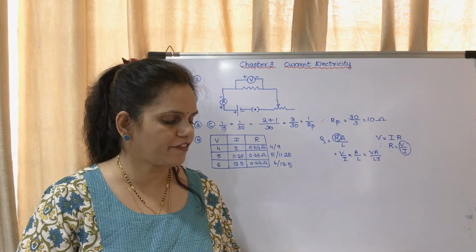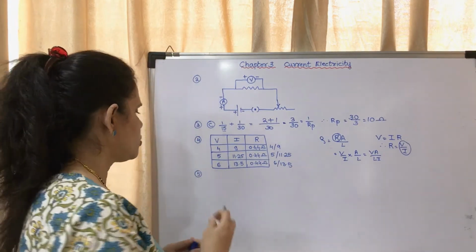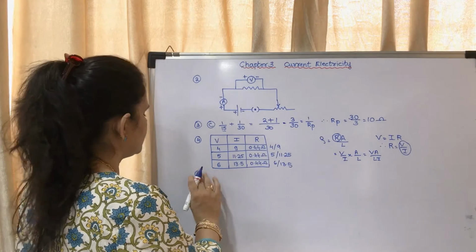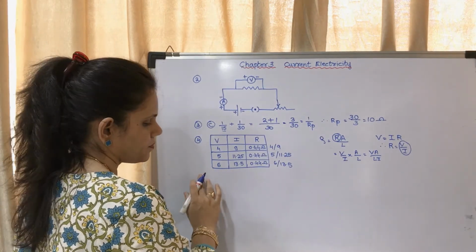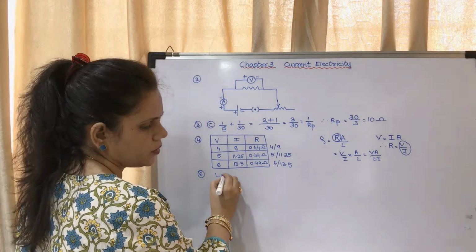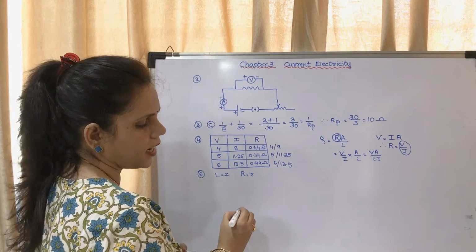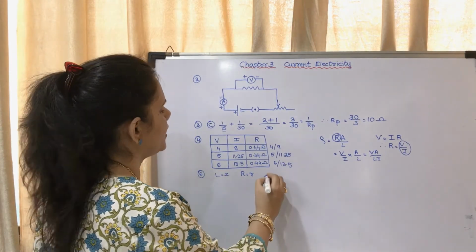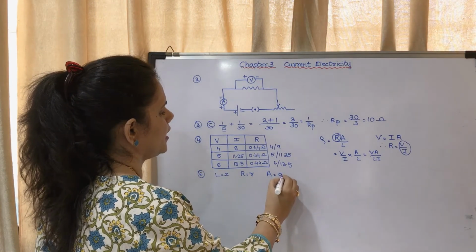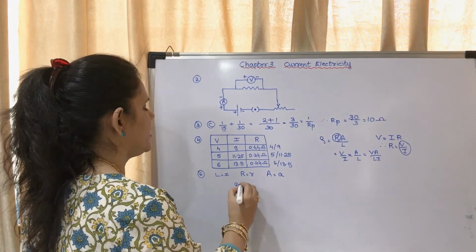The resistance of a conductor of length X is R. Okay. So they have given the length, the sixth question. Length is equal to X. Resistance, they have given it as R, and area, they have given it as A. What you have to find out? You have to find out the resistivity.